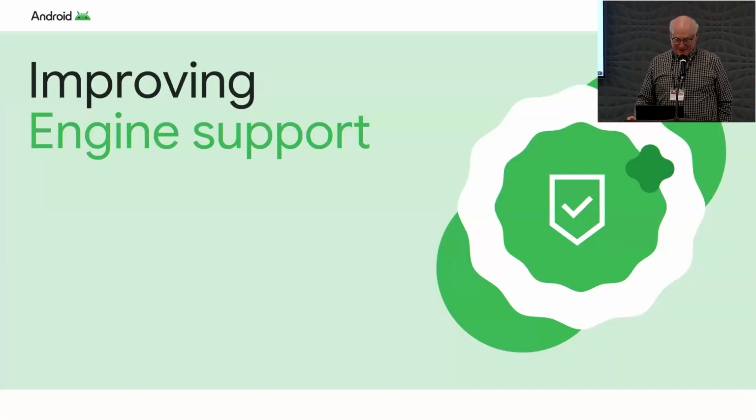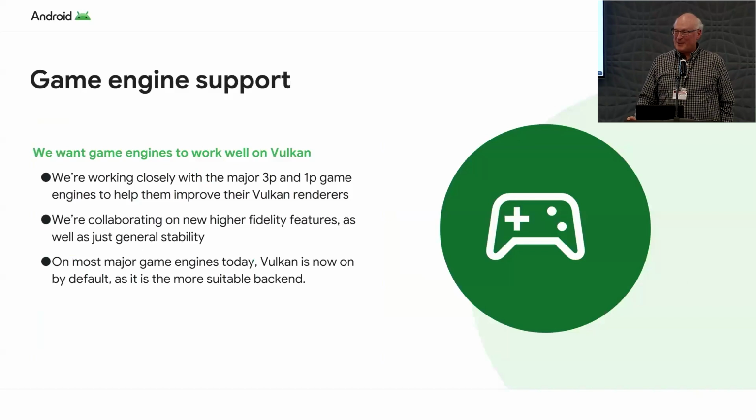So, improving engine support. A lot of people, especially a lot of games, are going to be using an engine. They're not going to be going directly to Vulkan. Some will, but a lot are going to use an engine. And so we're working with all the major vendors, trying to help them improve their Vulkan renderers, right? I worked on Angle for a little while, so I learned some things.